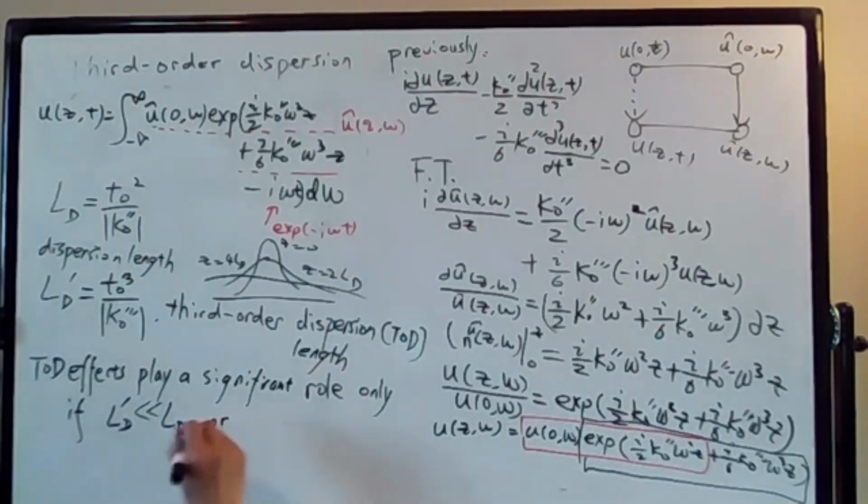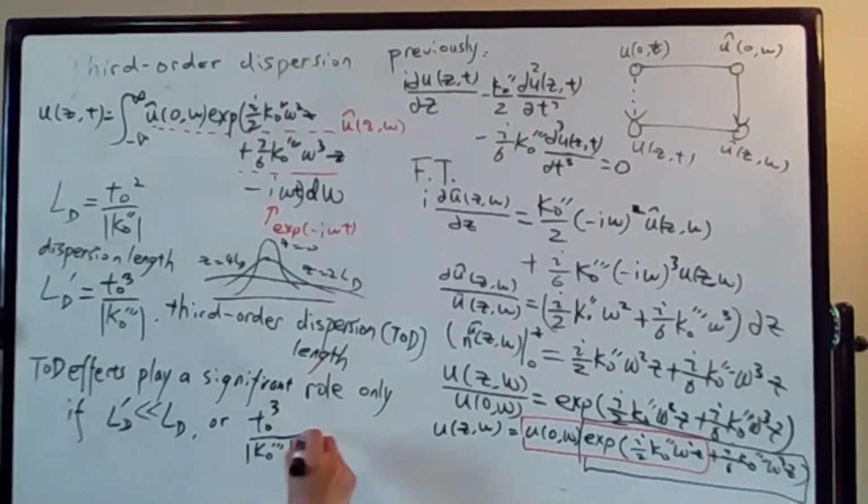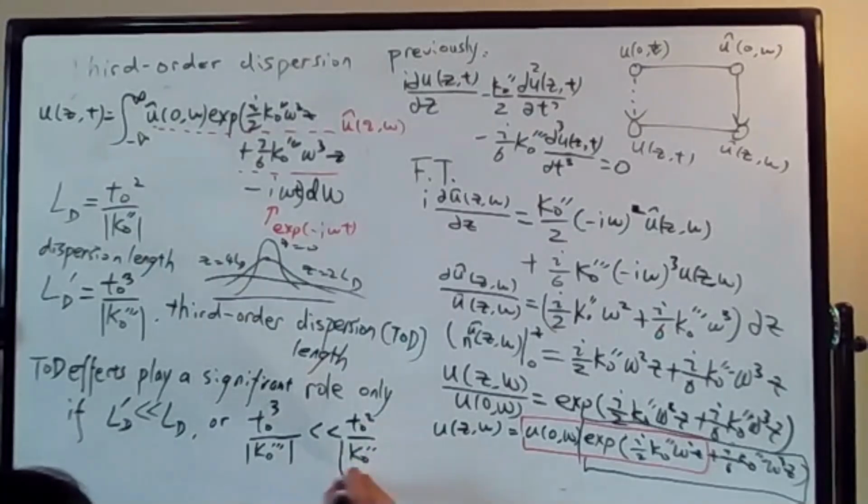Let's write it down. It's T naught cube over K naught triple prime, absolute value, way less than T naught square over K naught double prime, because it could be a different sign, so let's take an absolute value.